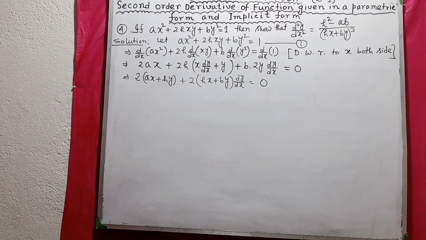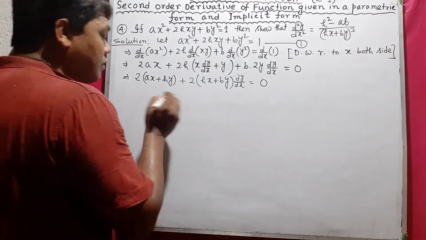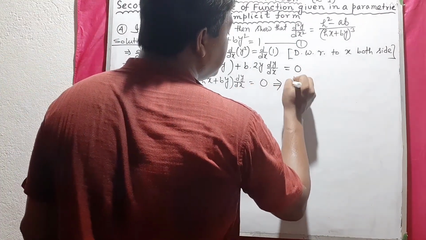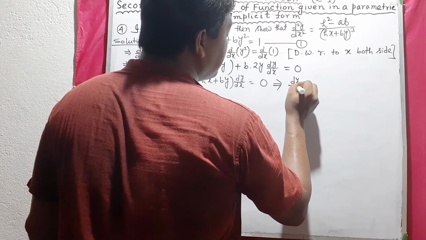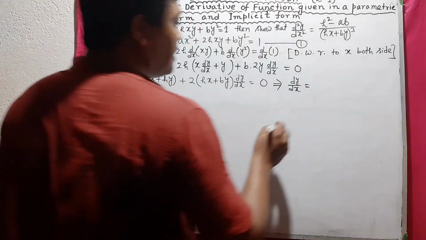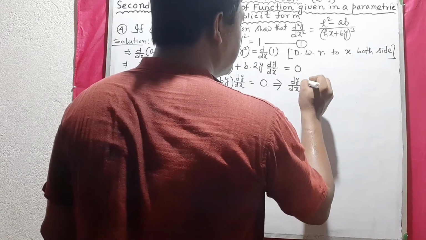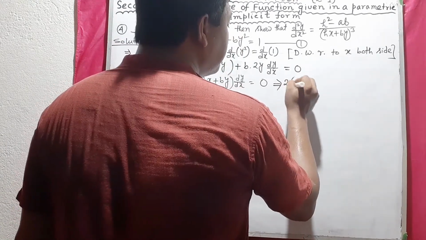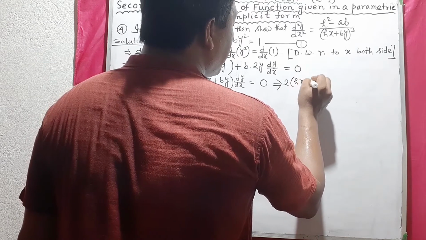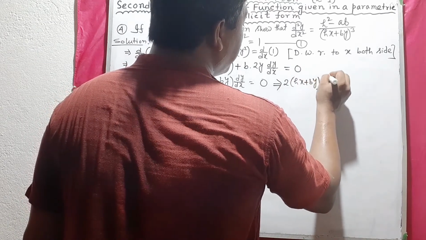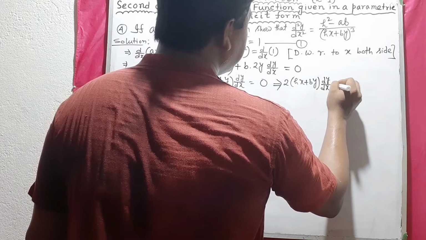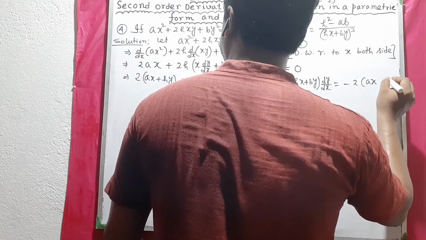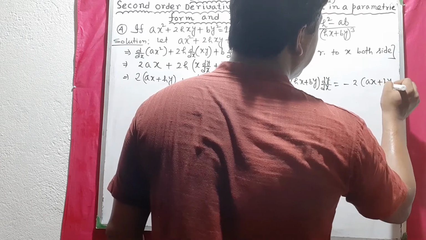Alright? So dy/dx equals, 2 into hx plus by into dy/dx equals minus 2 into ax plus hy.